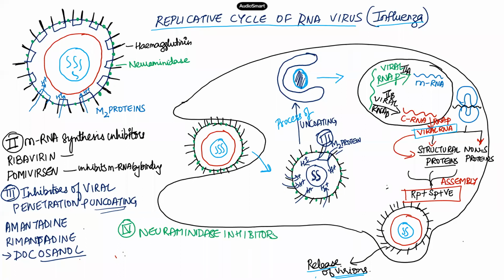So when you are inhibiting this particular enzyme, you cannot expect this particular step to happen, the release of virions. So we have certain drugs which are called zanamivir, then we have oseltamivir, and lastly peramivir.